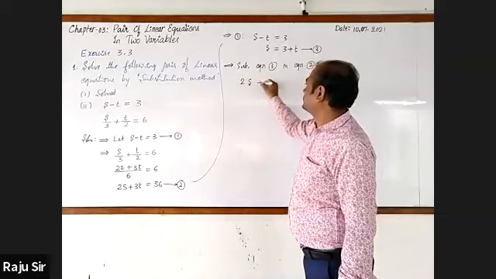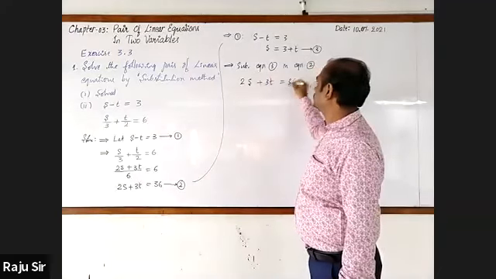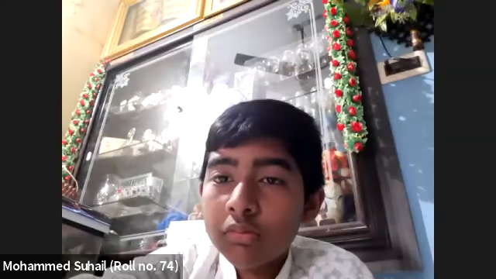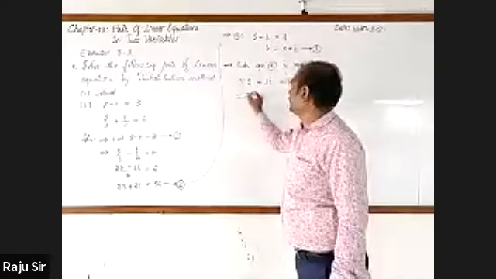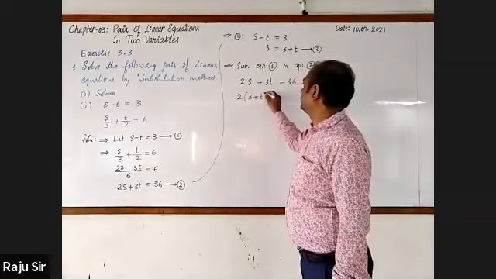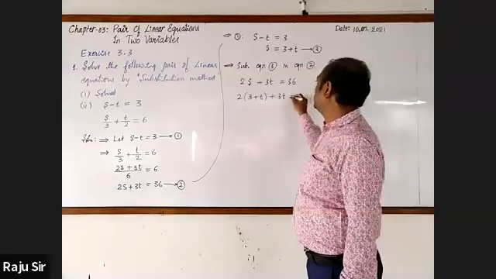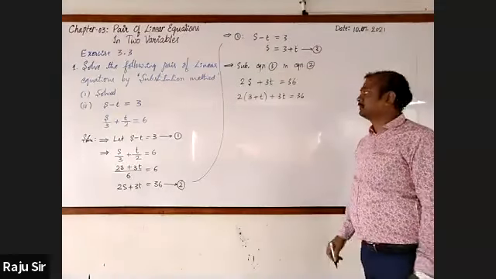2S plus 3T is equal to 36. Where S is 3 plus T. 2 into (3 plus T), then plus 3T is equal to 36.